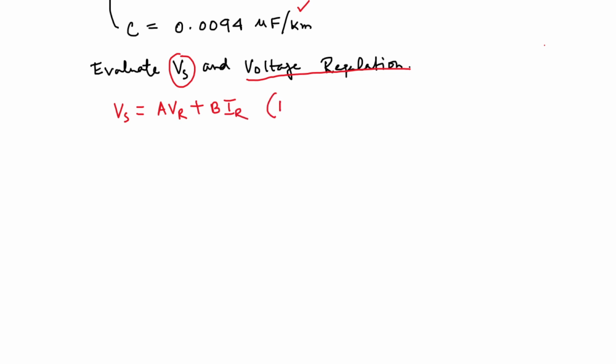Now in the previous lecture, in pi representation, we found that A is equal to 1 plus yz by 2 and B is equal to z. So we shall use these two formulas to evaluate Vs. This is number one.